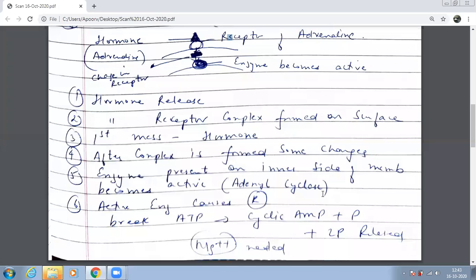ATP. Once ATP breaks down, you get AMP and phosphate ions. How many phosphates? Two. Now, should I proceed with what happens next, or do you want me to revise this again? If there's any doubt, let me know. If not, I'll go further. What happens after AMP is formed?